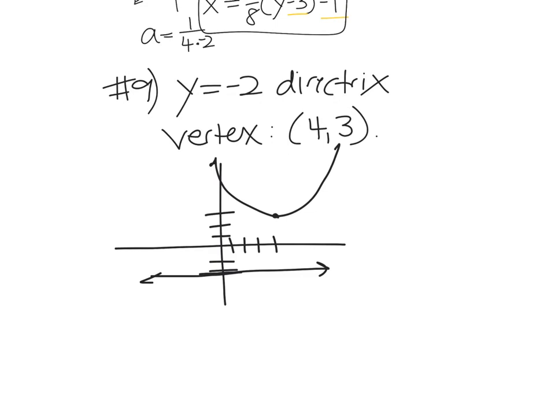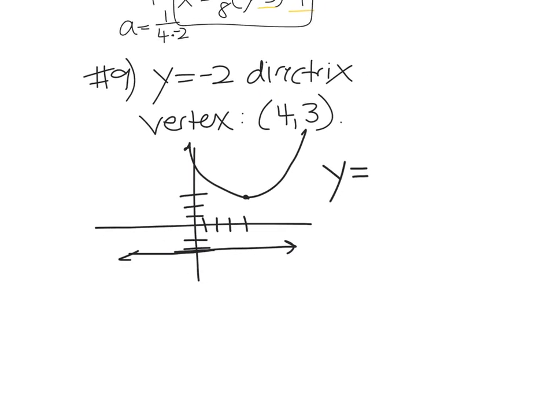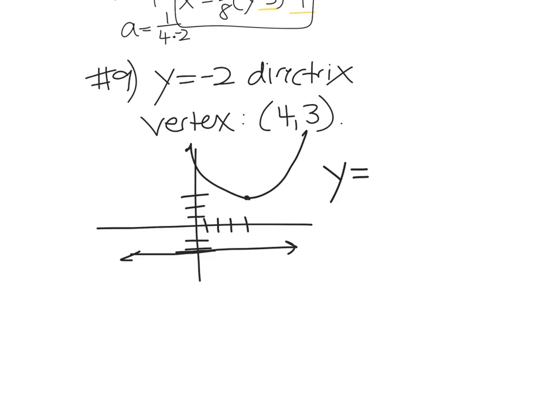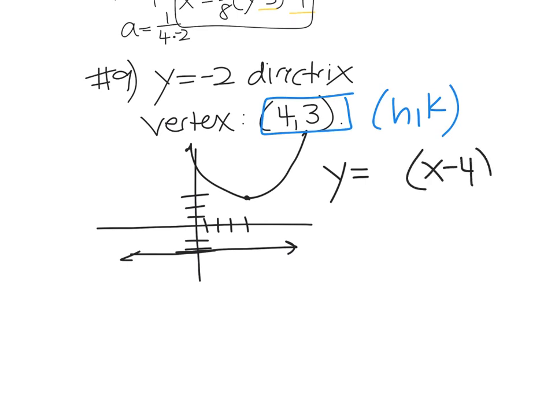Okay, so that means it's going to be y equals a(x minus h) squared plus k. The vertex is going to go in for h and k. So y equals a(x minus 4) squared plus 3. Hopefully you can all get that because that's really not new. We did that back in chapter 4.